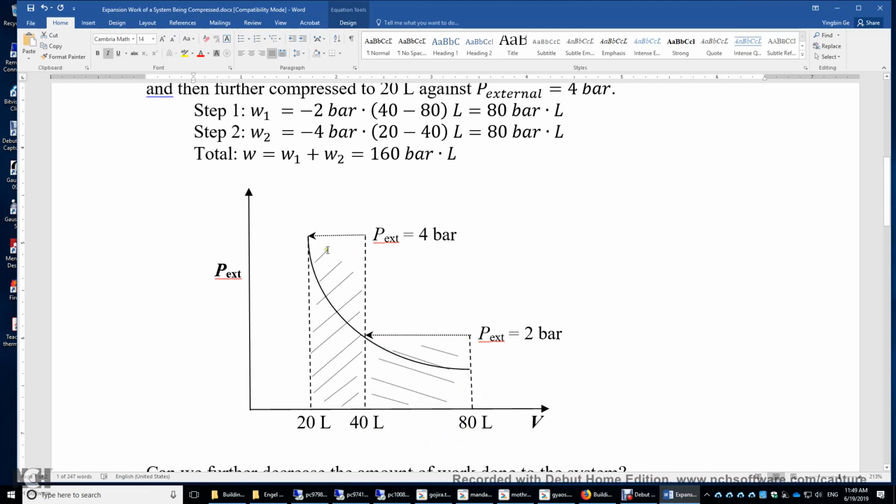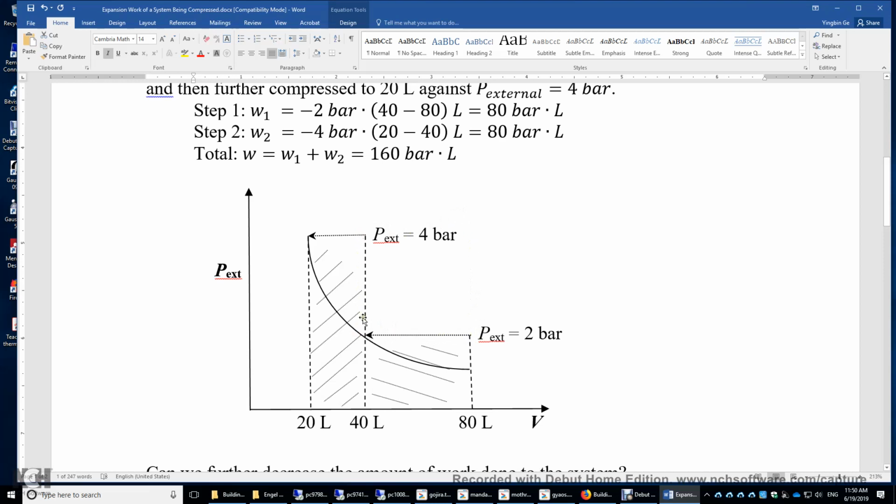And similarly, we have 4 bars times 20 liters, also we get 80 bar liter here. And in sum, the total area of the two rectangles is 160 bar liters. So what's the difference? The difference is this rectangle here. This is missing in the two-step process.